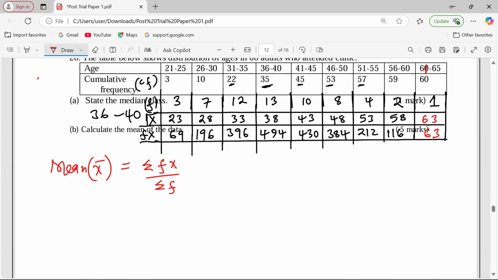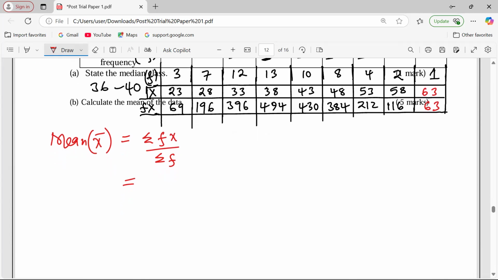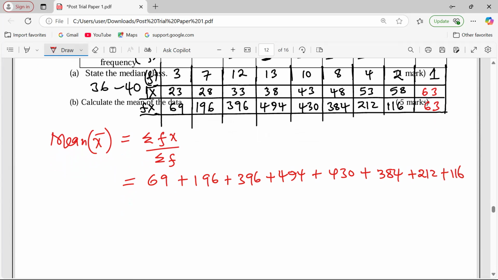So now we need to get summation of f of x. 69 plus 196 plus 396 plus 494 plus 430 plus 384 plus 212 plus 116 plus 63. Then we divide everything by the total frequency of 60.